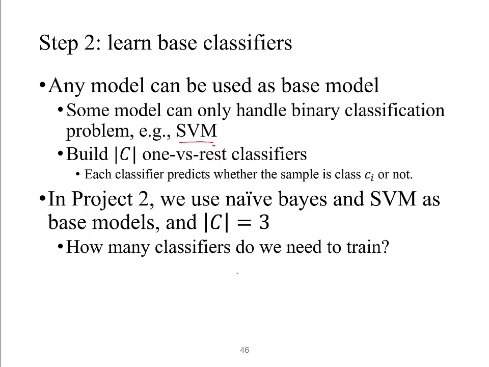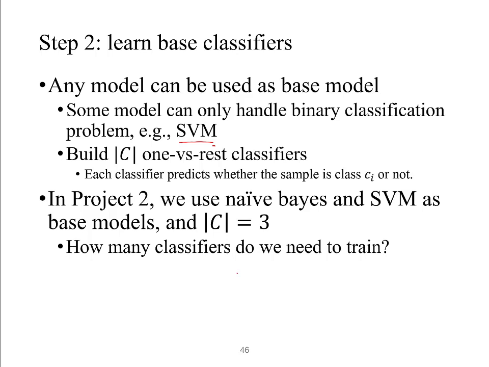As you can see, the input label would be whether it belongs to type i or not, and the prediction would be the same.